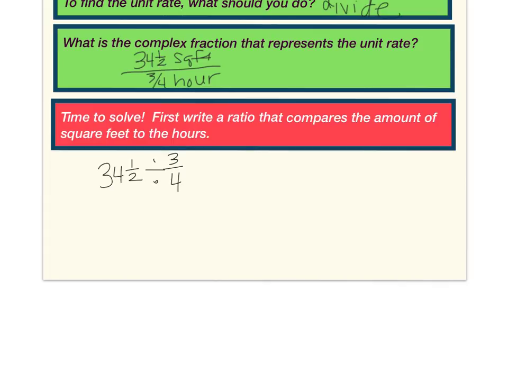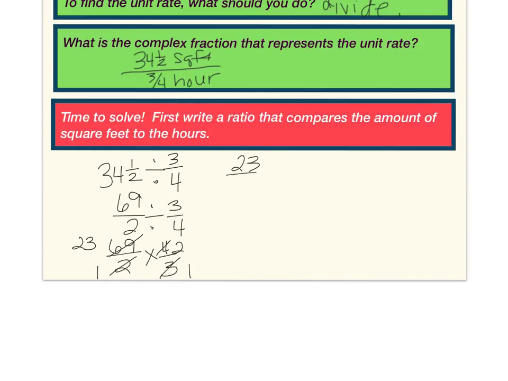34.5 as an improper fraction would be 69/2 divided by 3/4. Then we would write 69/2, change division to multiplication, and take the reciprocal of the second number. We can cross simplify both ways because 3 goes into 3 and 69. 3 goes into 3 once, 3 goes into 69 23 times. If we look the other way, 2 goes into 2 and 4, so the 2 becomes a 1 and the 4 becomes a 2.